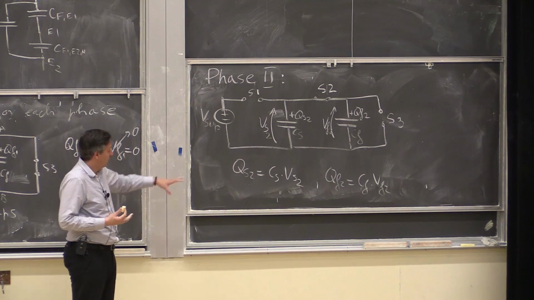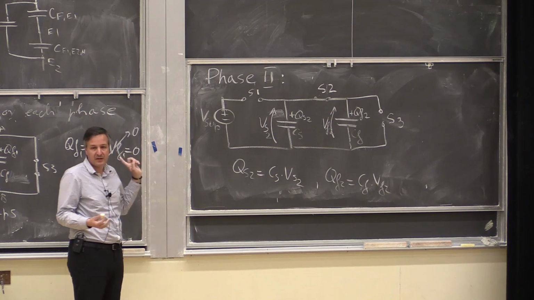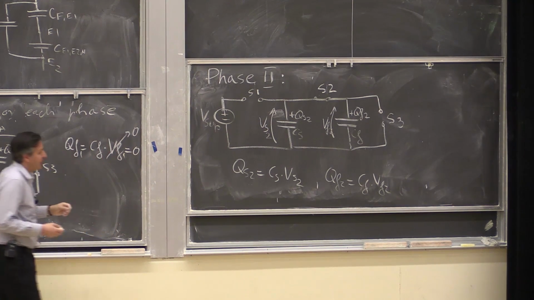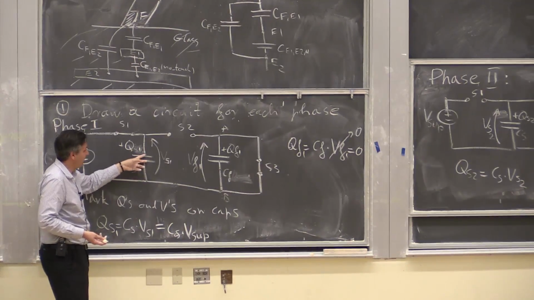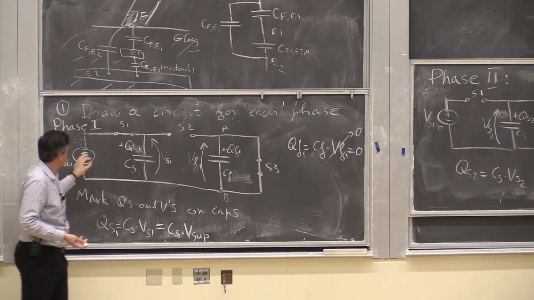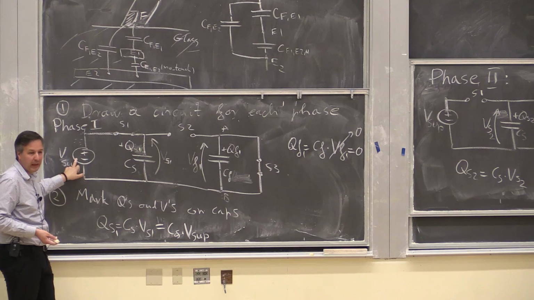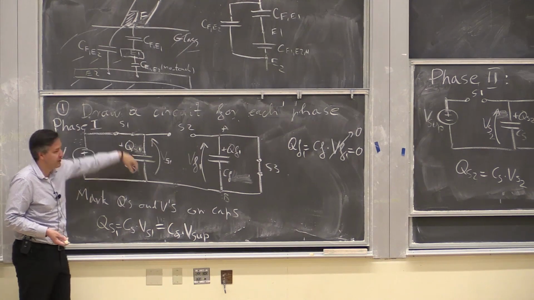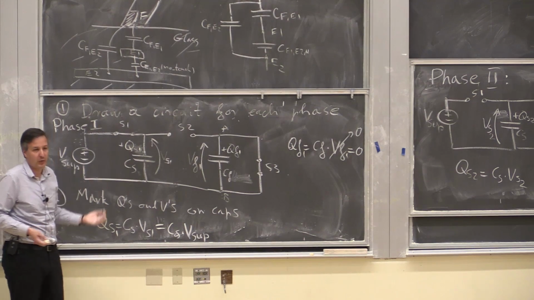There's one important piece of the puzzle between these two phases: watch out for what happens with these plates as the switches change state. When I hook up this cap to the supply, the supply will dump charge, or if the supply is lower voltage, it will take the charge away from the capacitor.